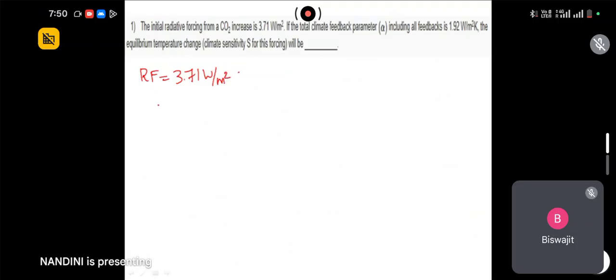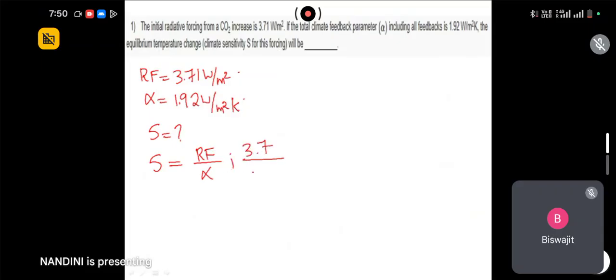If the total climate feedback parameter from all the feedbacks is 1.92 watt per meter square Kelvin, the equilibrium temperature change S is equal to what? Climate sensitivity for this forcing. So the climate sensitivity is basically given by radiative forcing divided by the feedback parameter alpha. So in this case, the radiative forcing is 3.71 divided by alpha, which is 1.92. How much will it be?